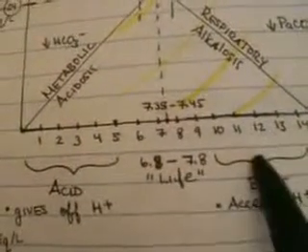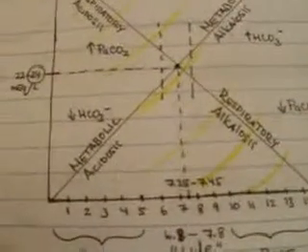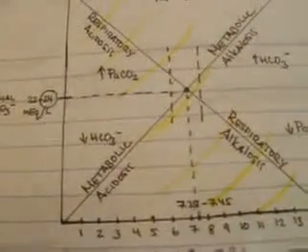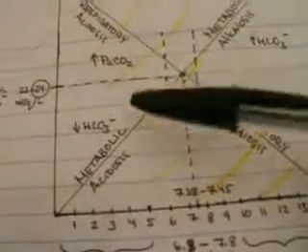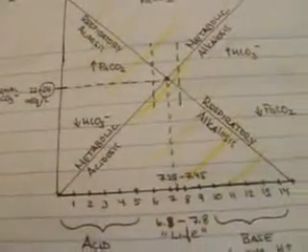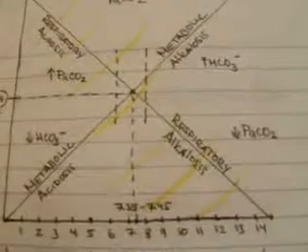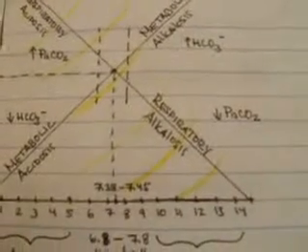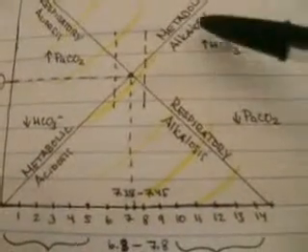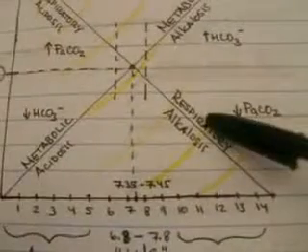So here we discuss acidosis and alkalosis, and two primary processes that can create acidosis are respiratory acidosis and metabolic acidosis. Likewise, two primary processes that can create alkalosis are metabolic alkalosis and respiratory alkalosis.